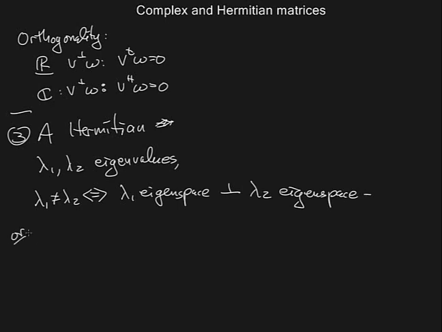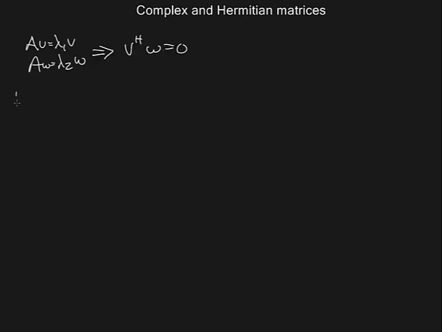In other words, if AV is equal to lambda 1 V and AW is equal to lambda 2 W, then V^H W has to be 0. And here's why that's true.